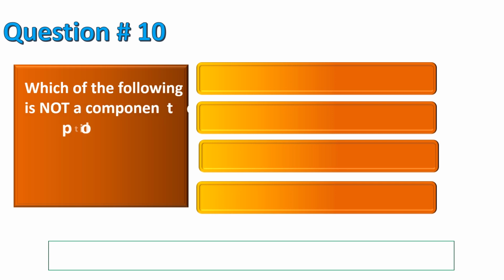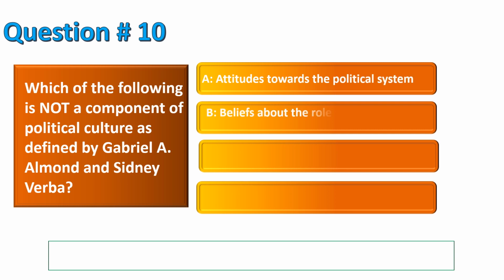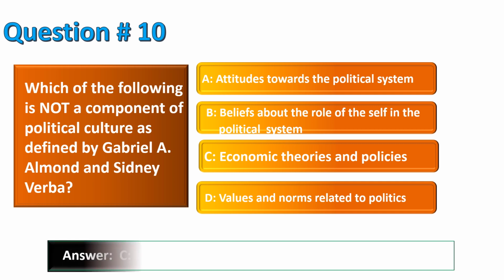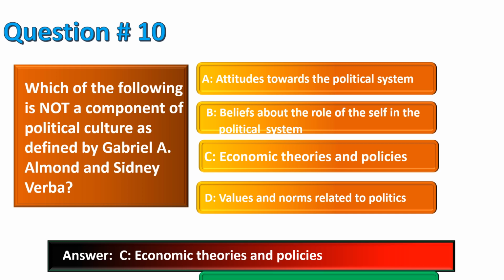Which of the following is not a component of political culture as defined by Gabriel A. Almond and Sidney Verba? Attitude towards the political system, beliefs about the role of the self in the political system, economic theories and policies, values and norms related to politics. The correct option is option C, economic theories and policies.